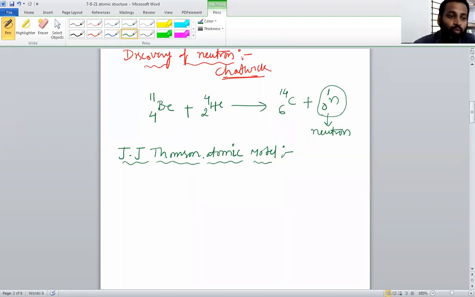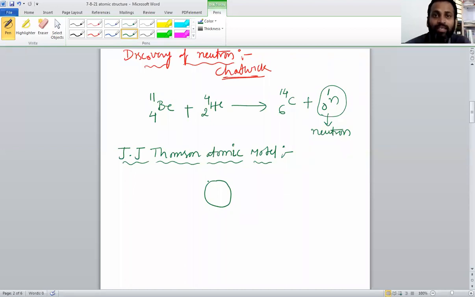See, what J.J. Thomson said: according to J.J. Thomson, atom is spherical. Atom is spherical. Mr. J.J. Thomson compared the atom with a watermelon fruit, or else a cake with plums. In a cake, if you see different colors, we have plums, right?